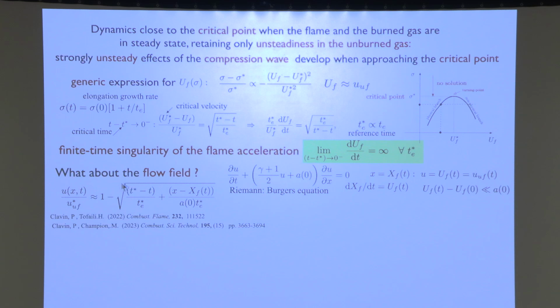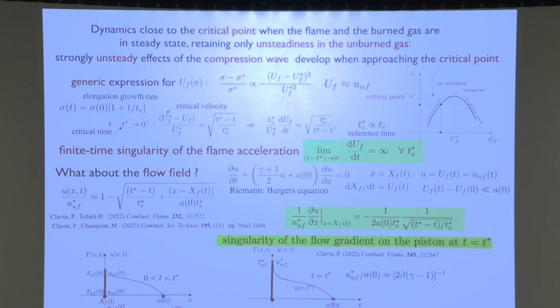It behaves like the square root of t minus 1, plus x minus XF, where XF is the position of the flame, and x minus XF is the distance from the flame. So here you are. This is the solution of this Burgers equation.